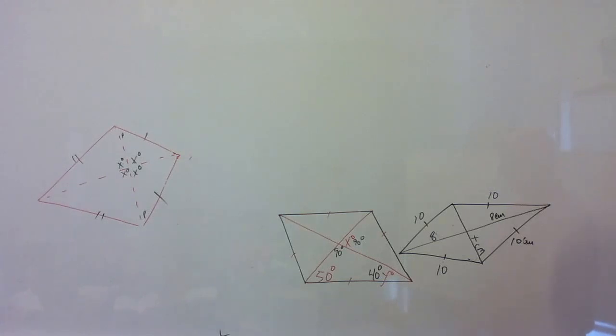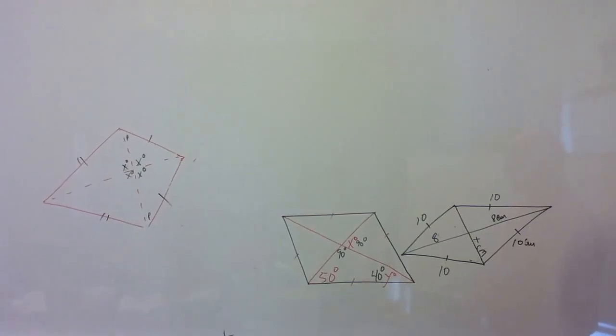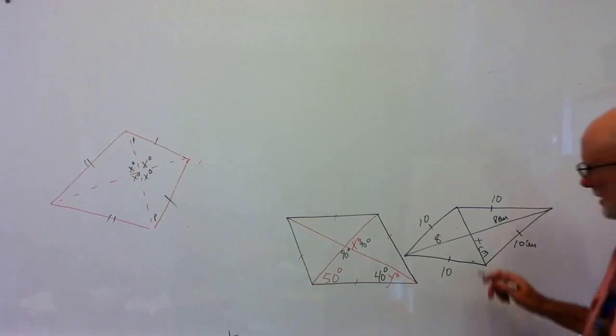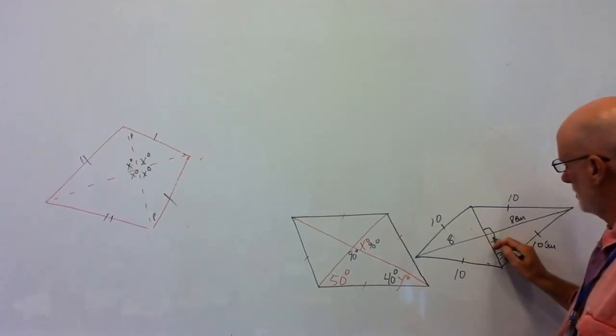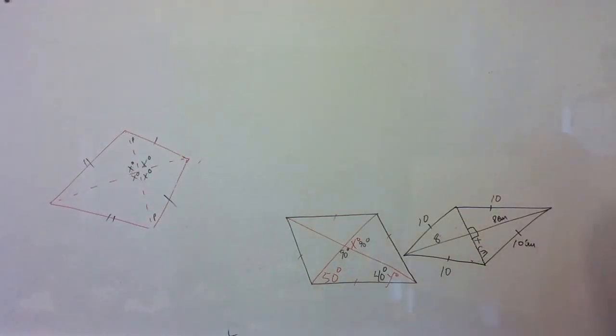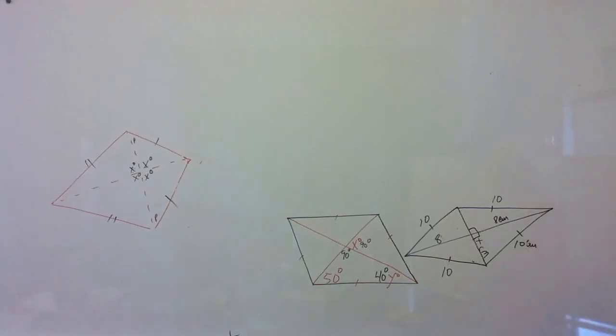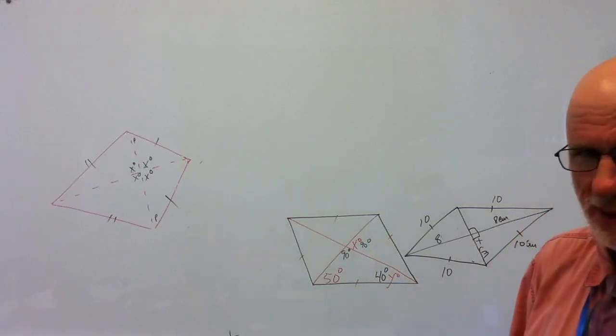Any ideas? Are these 90 here? Yes. Okay. Any ideas? We haven't done Pythagorean theorem yet, right? So we can't really use that, can we? Any ideas?